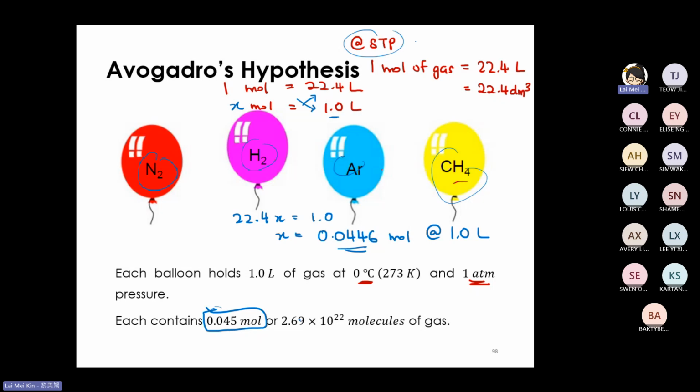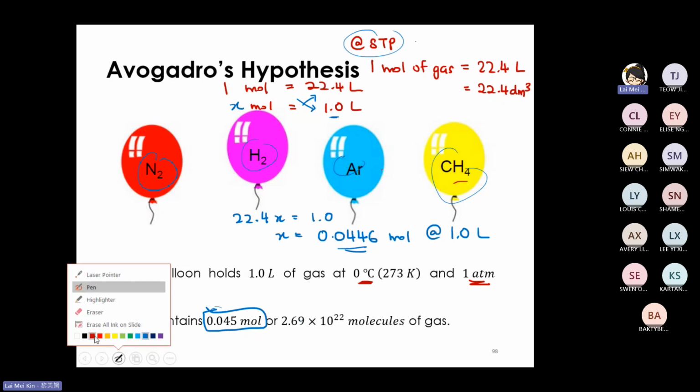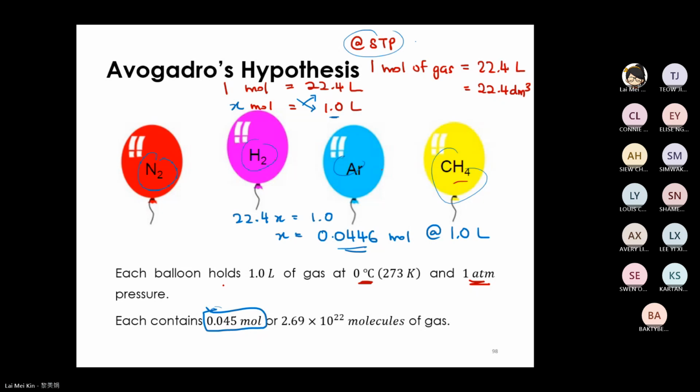And 0.045, how many molecules? How do you calculate this? Times Avogadro's constant, because 1 mole is 6.02 times 10 to the power of 23. So you will have 0.045 multiplied by your Avogadro's constant.